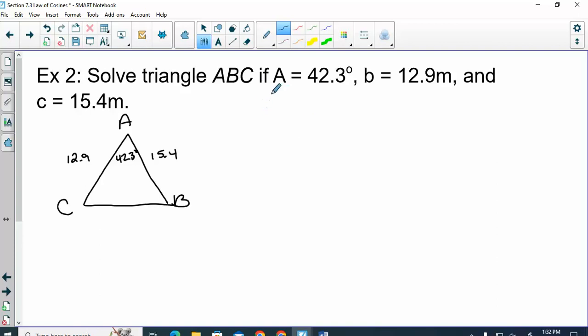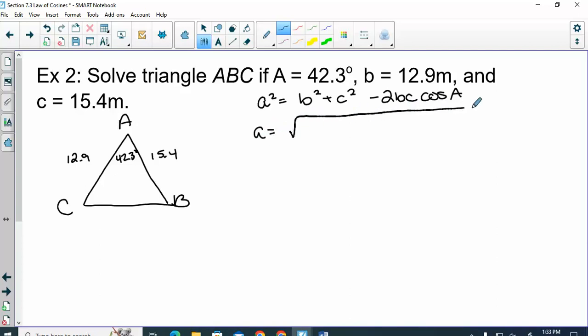Which one should we use? So since we're going to solve for A, I'm just going to go ahead and do the square root of all of this.